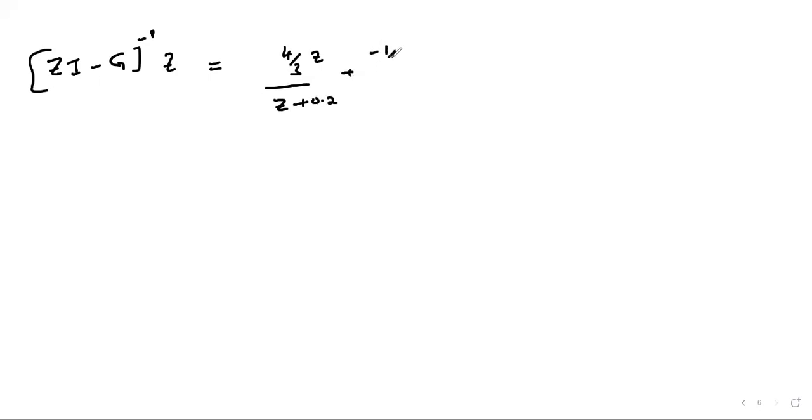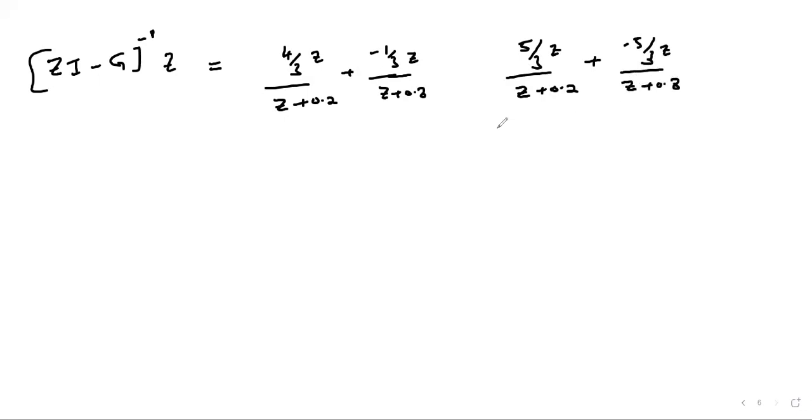If you work out the partial parts, we obtain (zI - G) inverse multiplied by z to be, as the first part, 4/3 z over (z+0.2) plus -1/3 z over (z+0.8), and 5/3 z over (z+0.2) plus -5/3 z over (z+0.8).